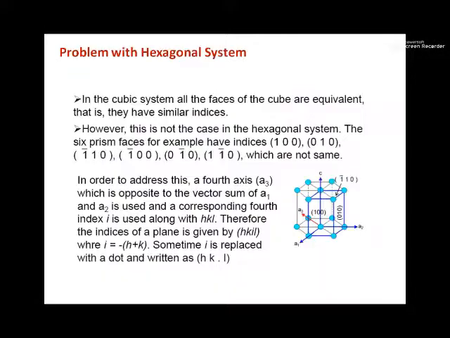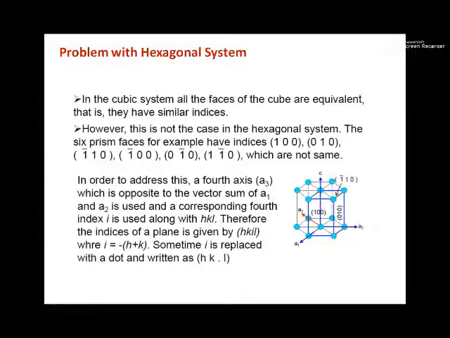Right? Now what is the problem with the hexagonal system? As you see here, I have spent very little time on the hexagonal system, as this system is not included in your syllabus, but just read it: the hexagonal system is not equivalent to the cubical system, because the hexagonal system has 6 faces, as I mentioned here.